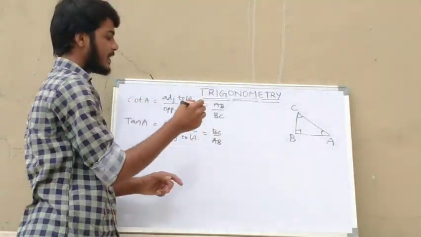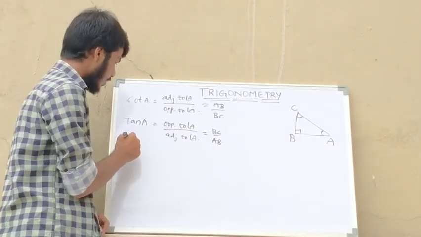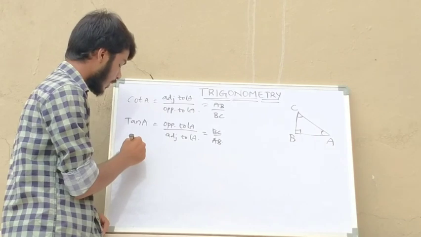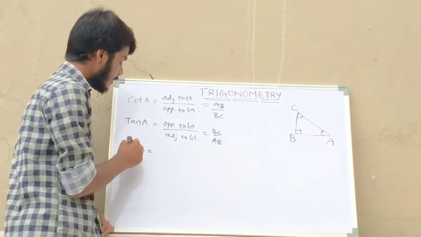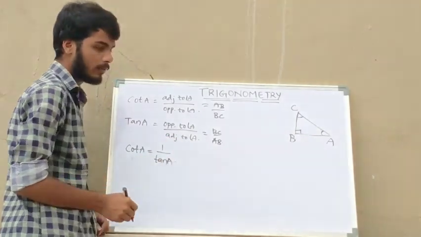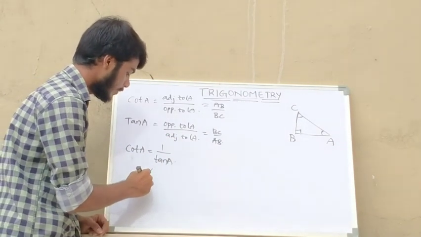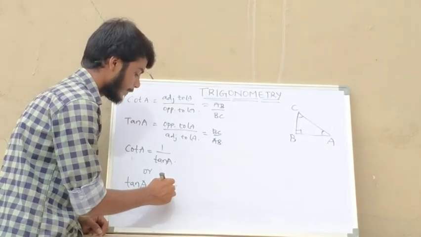Here it is AB by BC and BC by AB, both are completely reversed. Hence, cot A and tan A are reciprocal to each other. So cot A equal to 1 by tan A, or we can write tan A equal to 1 by cot A.